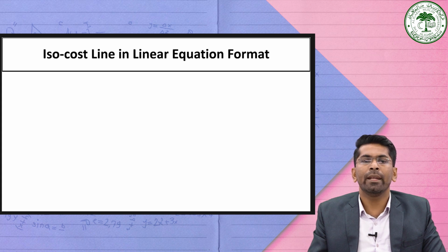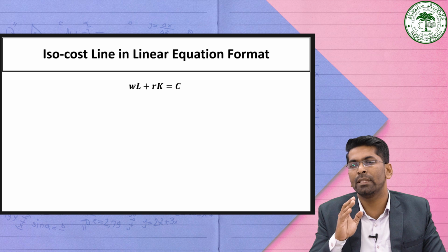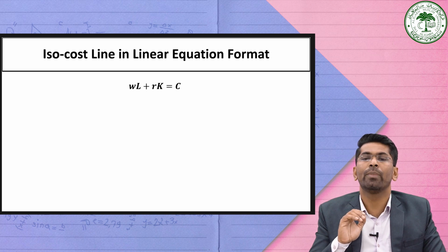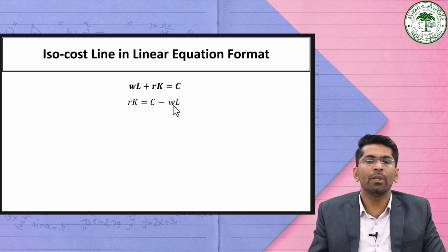We can rewrite our equation, WL plus RK is equal to C, in the linear format y is equal to A plus BX, by isolating K. We keep RK on the left side and take WL to the right-hand side, so it becomes minus WL.